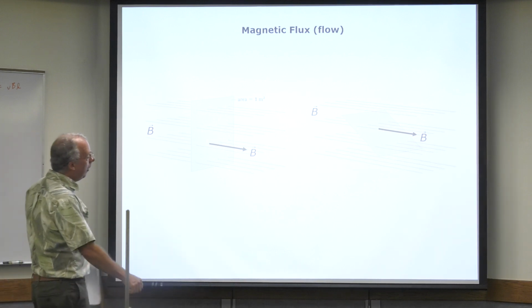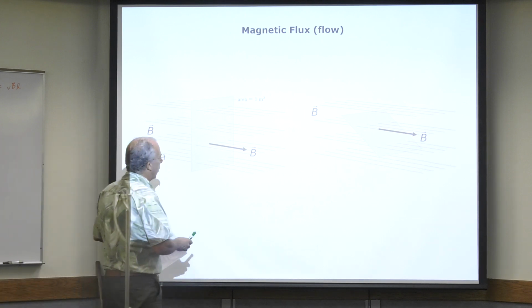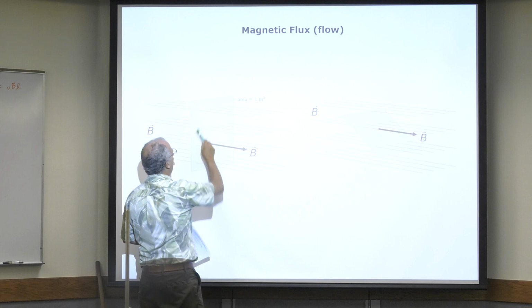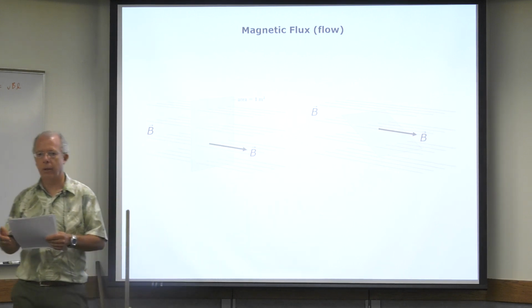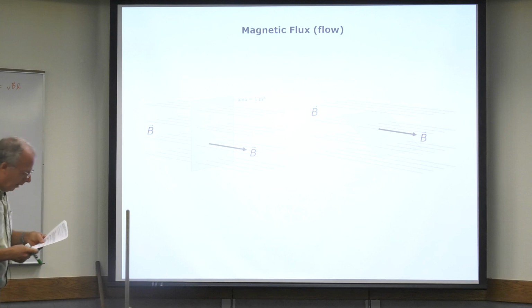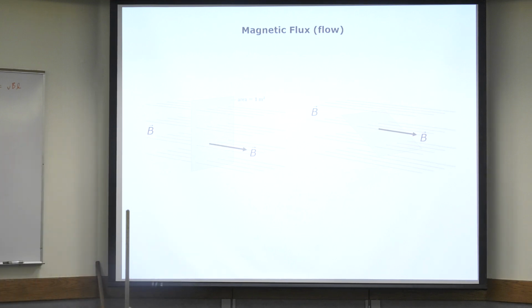Okay, so what does the magnetic flux depend on? Well, it depends on the orientation of this area and the magnetic field. So the orientation is important. Great. Now, we need to come up with an equation for this flux. So let's do that.